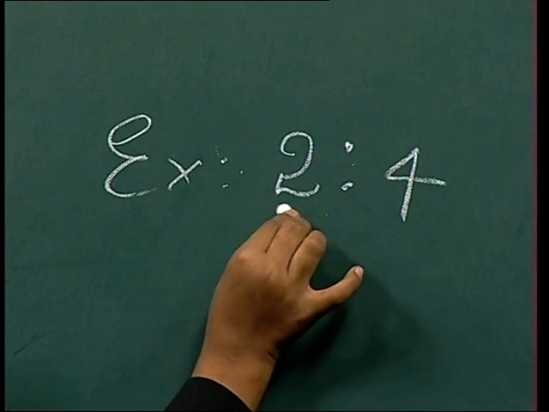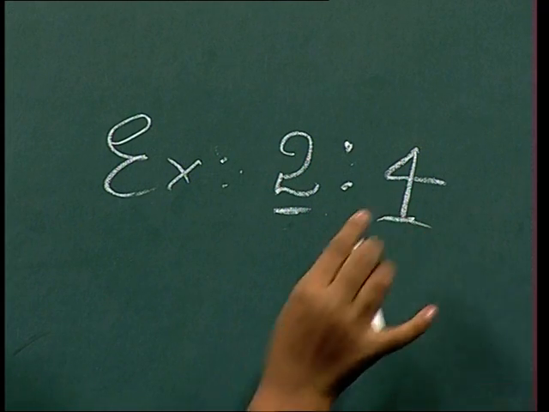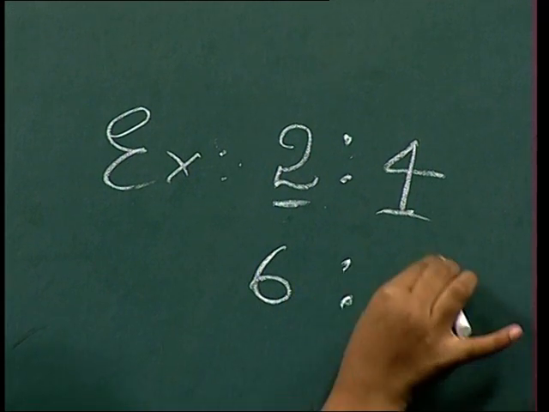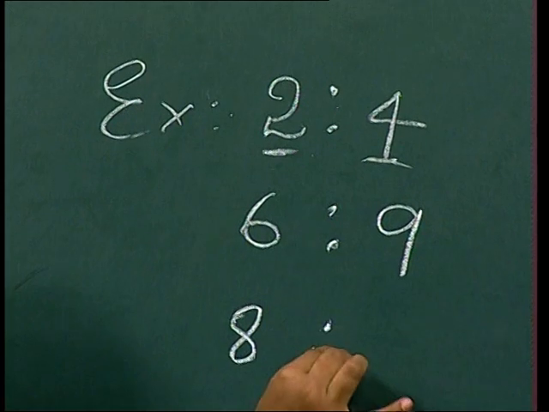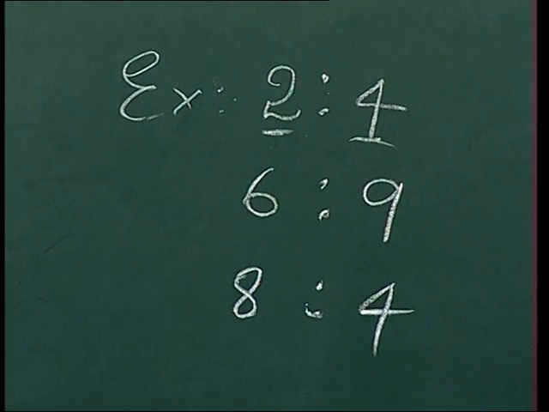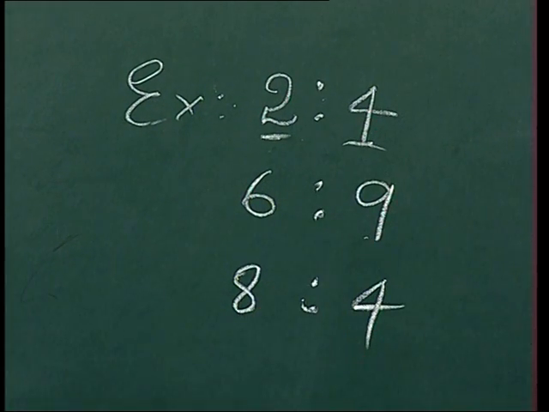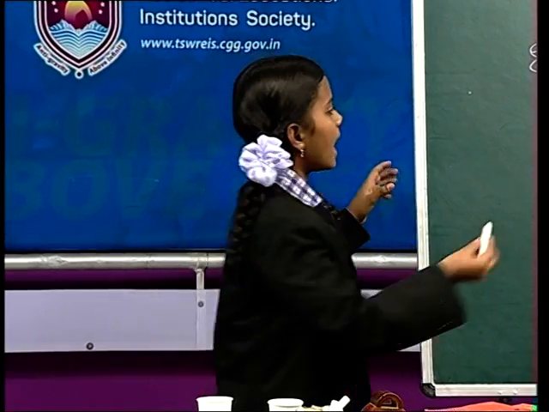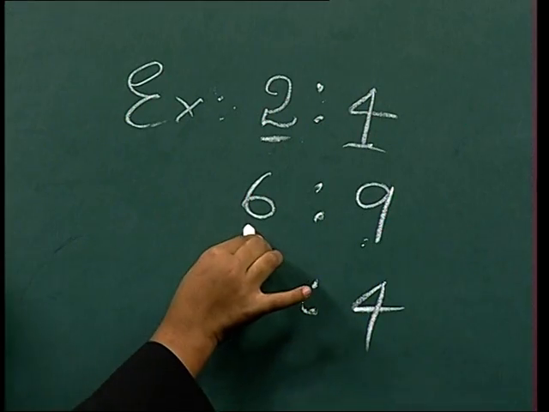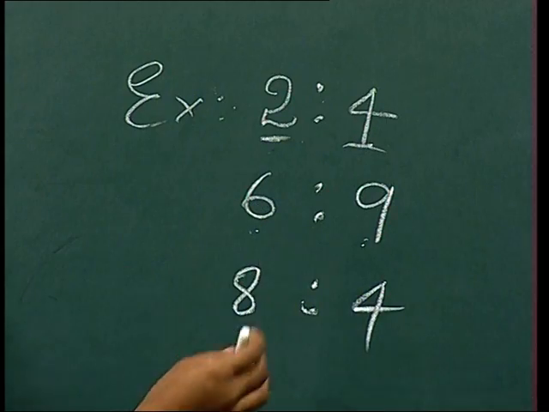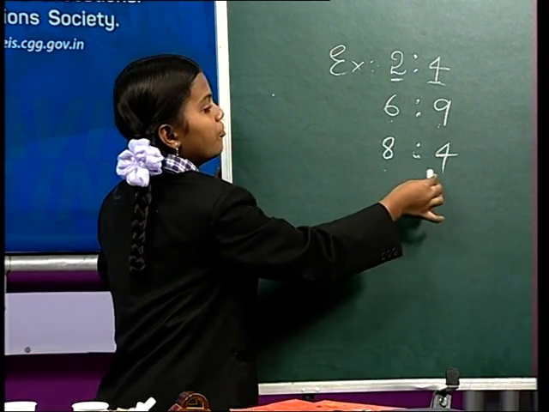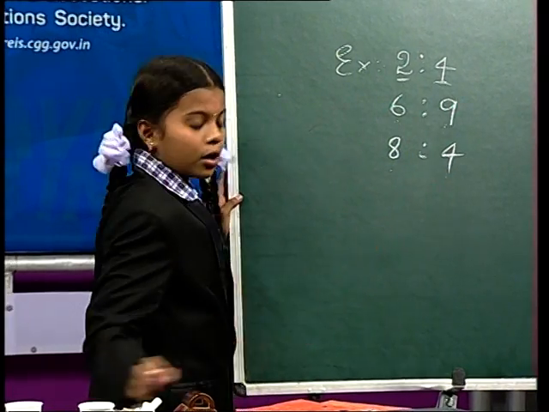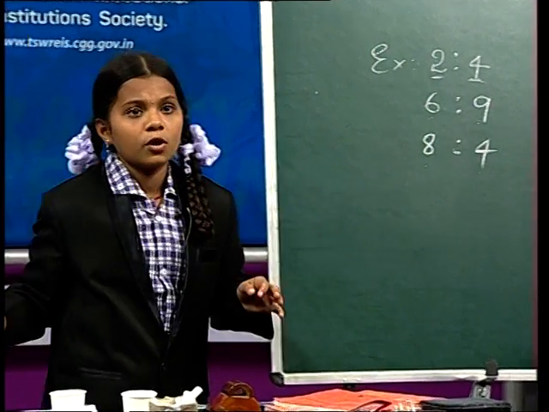Yes, this is the antecedent, this is the consequent. 6:9, 8:4. Now 9 is what? Yes, 9 is the consequent, 6 is the antecedent. Here 8 is the antecedent, 4 is the consequent.